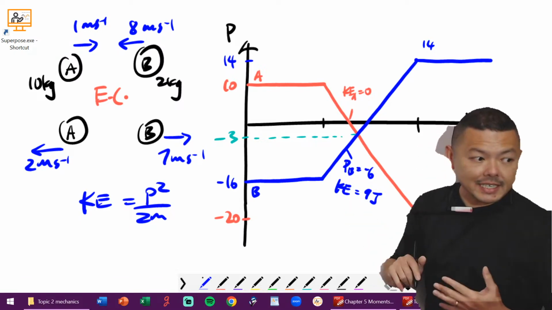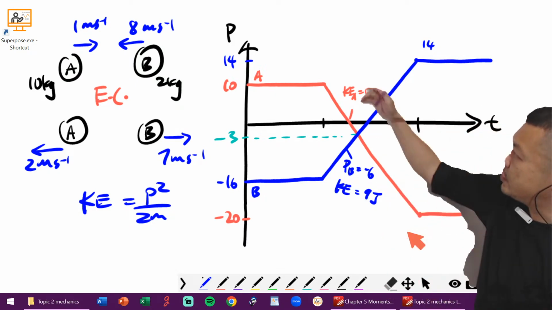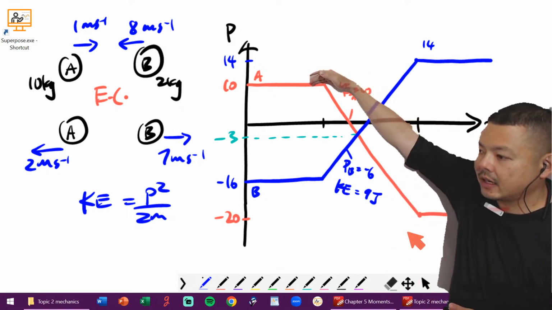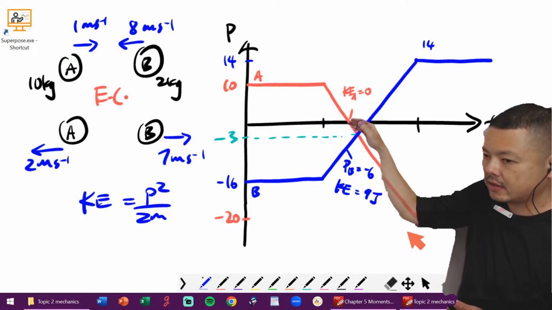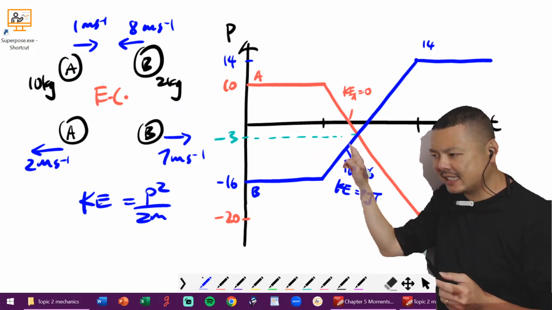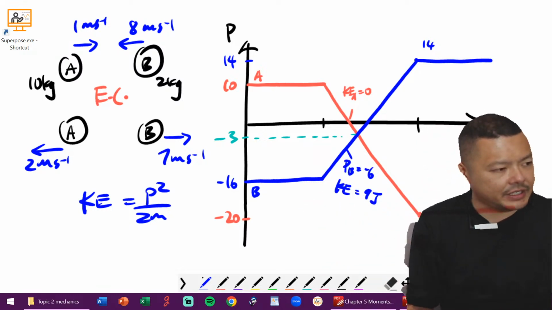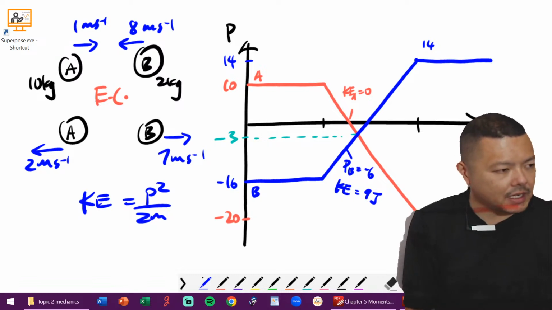Now my question is this. Do you see that the KE of A is 0 here? Do you see that the KE of B is lesser than before? Isn't this supposed to be an elastic collision? What happened to the KE?